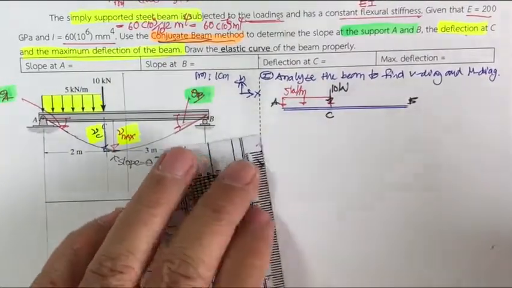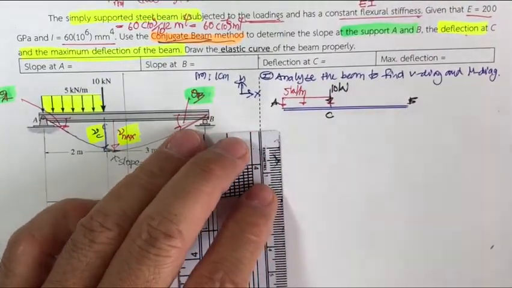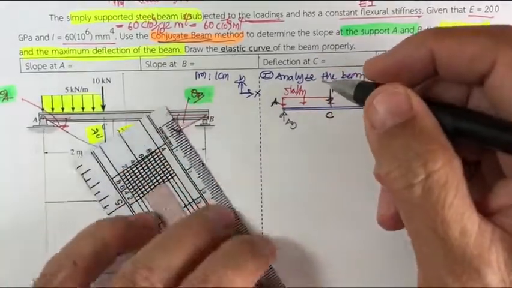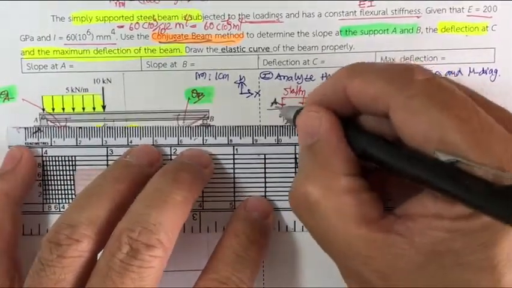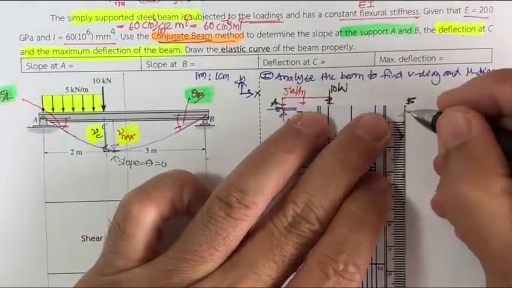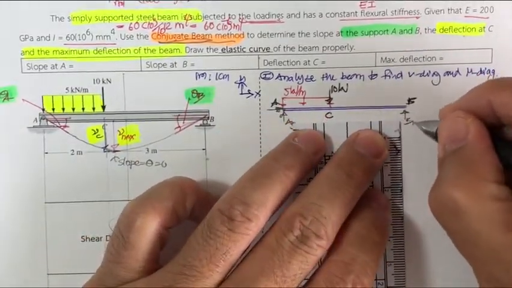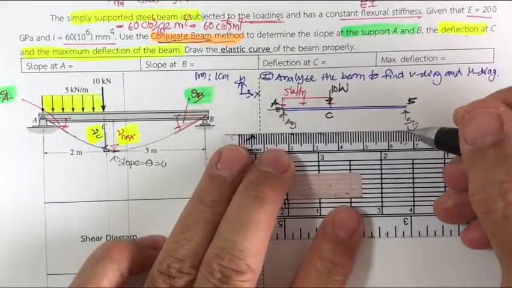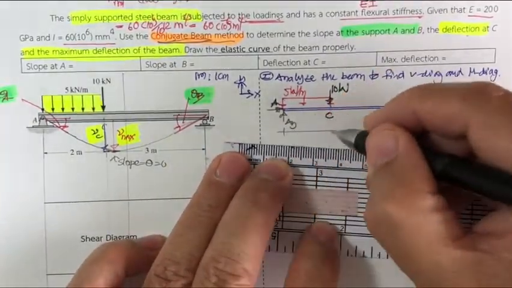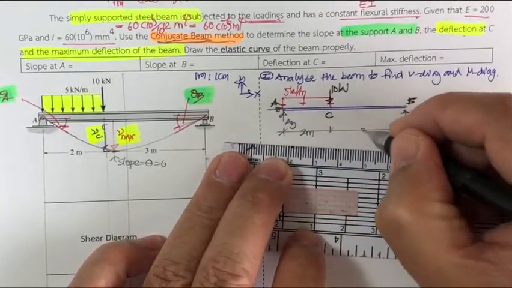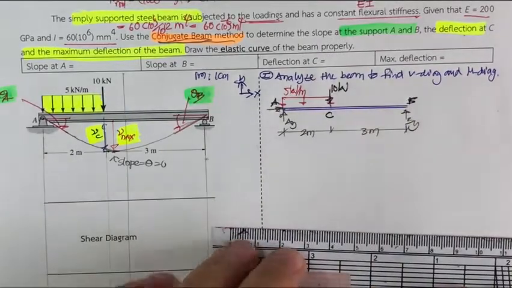The pin, right? So the A is going to have the A sub Y, and also the A sub X, and the B sub Y over here. And then we will use the equations of equilibrium to determine the unknown reactions. Okay, this is 2 meters, this is 3 meters.